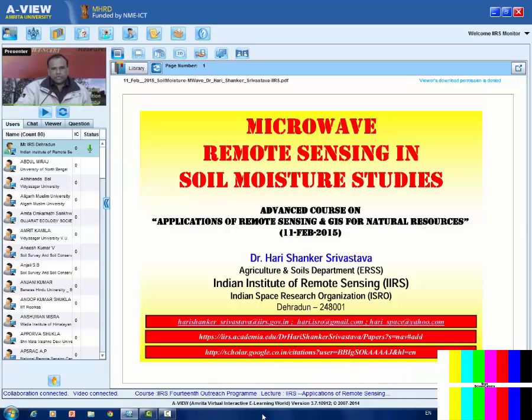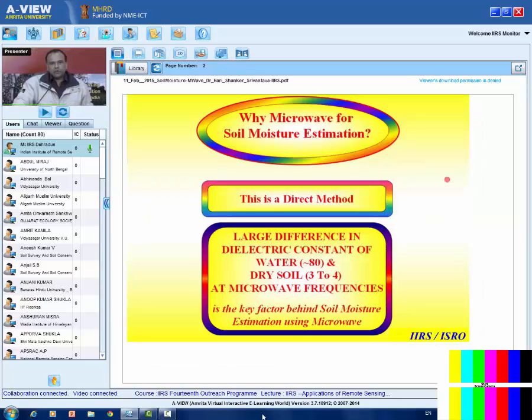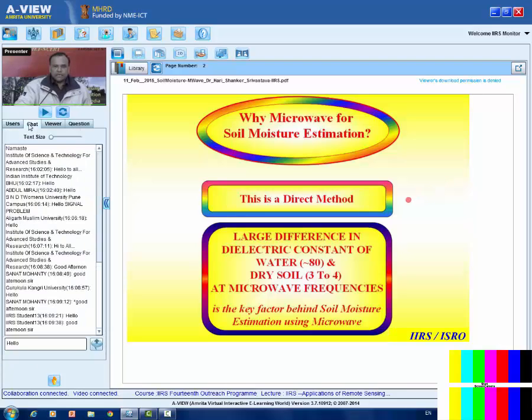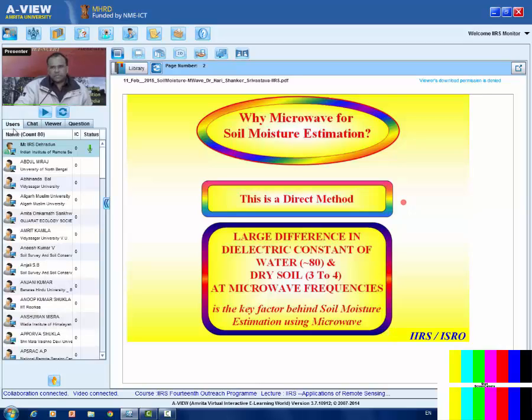Now the question comes, why microwave for soil moisture estimation? The first answer is, this is a direct method. Direct method means you can attempt soil moisture estimation using optical data also, thermal data also. But then why microwave?